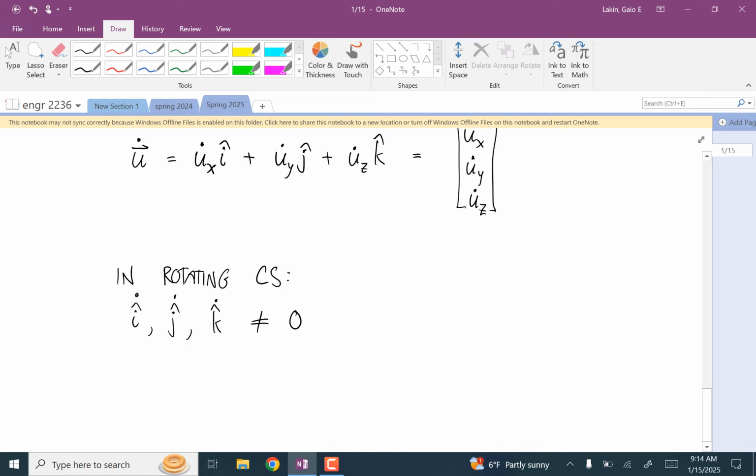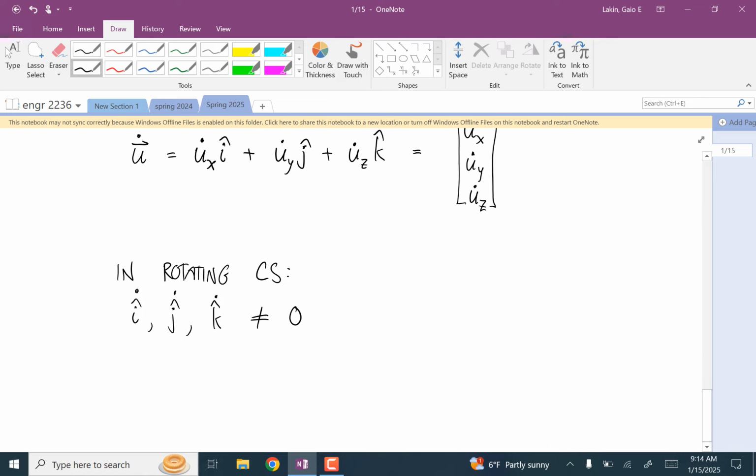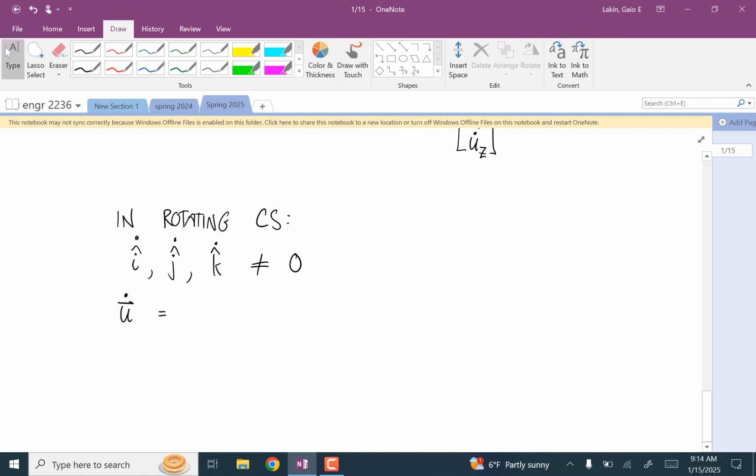And so I'm going to rearrange this, but what you get is that this vector u dot is equal to ux dot times i plus uy dot times j plus uz dot times k.